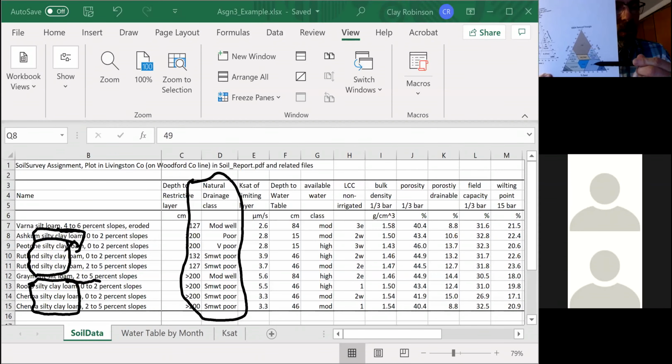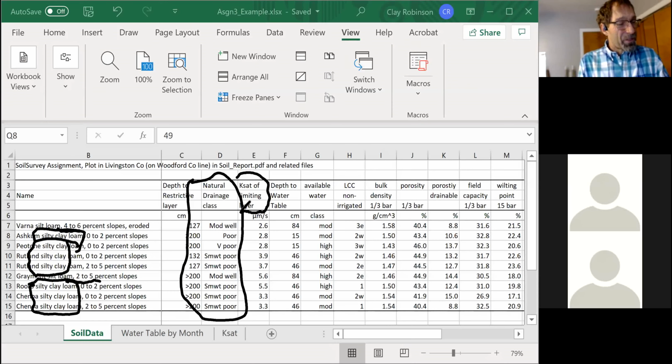Now, then we've got this next component that says the KSAT of the limiting layer. Okay, I know my limiting layers now are at these depths, some of them greater than 200 centimeters, on the order of about 76 or so inches, on the order of 80 inches.